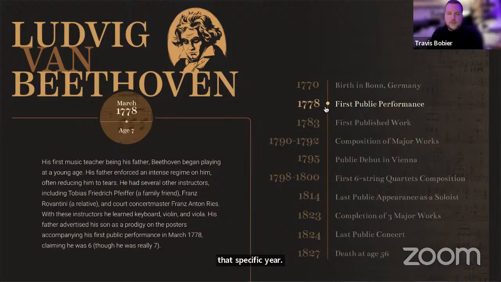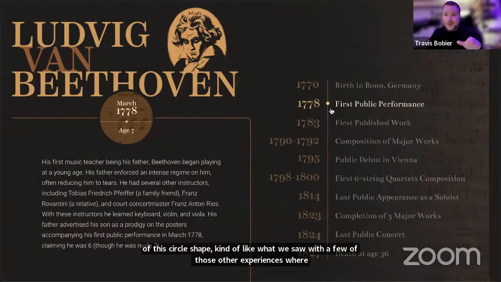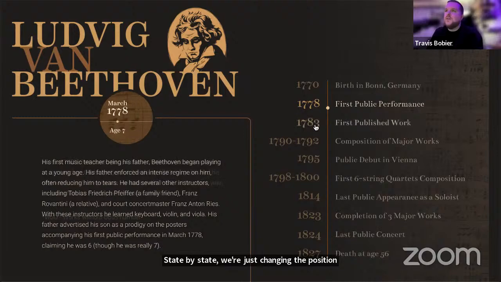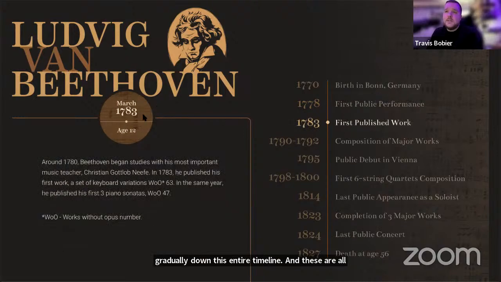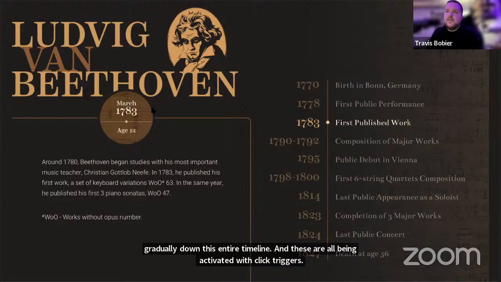Those are both, I would assume, changing the color or the brightness on those on click. And it's also changing the position of this circle shape, kind of like what we saw with a few of those other experiences where state by state, we're just changing the position gradually down this entire timeline. And these are all being activated with click triggers, as is the date here in our circle mask.